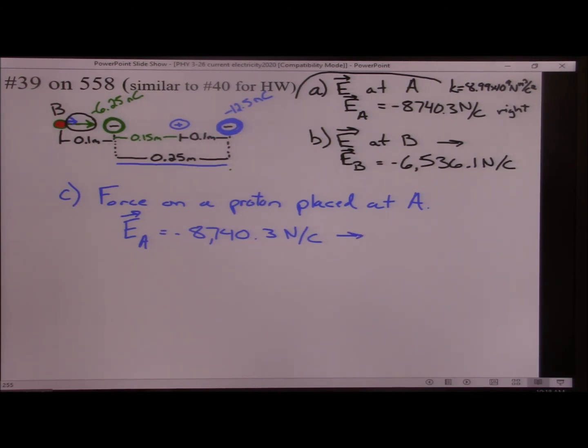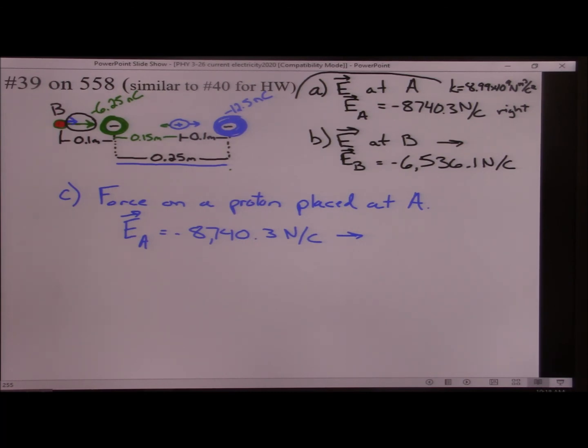So we could actually go all the way through and find the force that this charge puts on the proton here. By the way, it's going to pull the proton this way. And then we could also find the total force that this charge puts on the proton at point A, which again will go this way. And use Coulomb's law to do that, then add them together and find the total force.